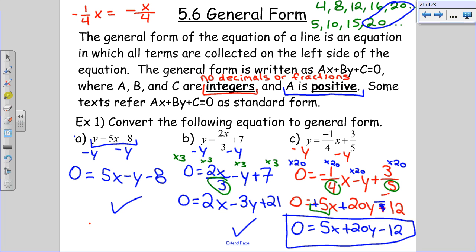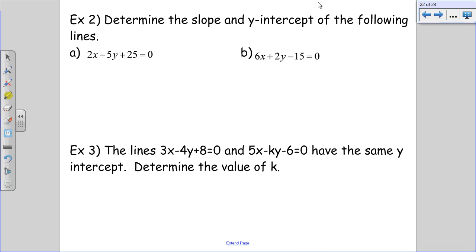All right. How these questions work going the other way. So that was converting into general form. Sometimes it might be useful to go the other way. So for instance, if you look at example 2, it says determine the slope and the y-intercept of the following lines. Well, slope, y-intercept, it would be really useful to have slope-intercept.